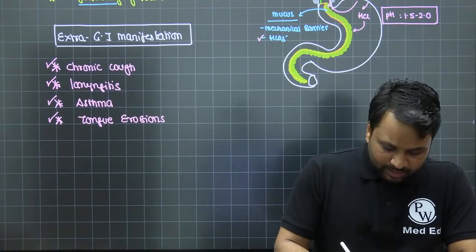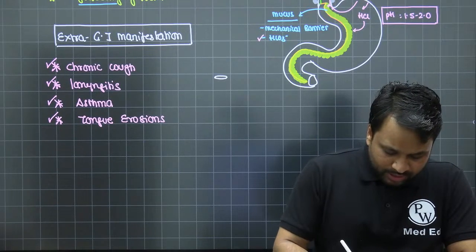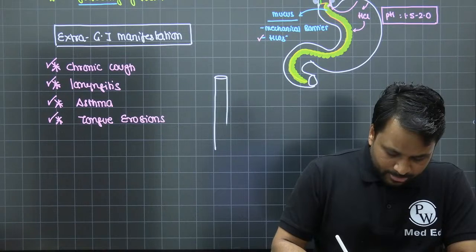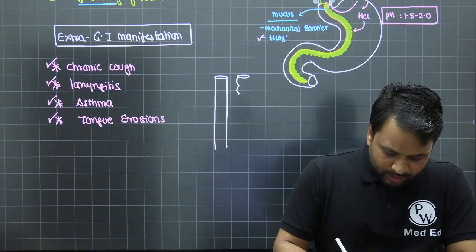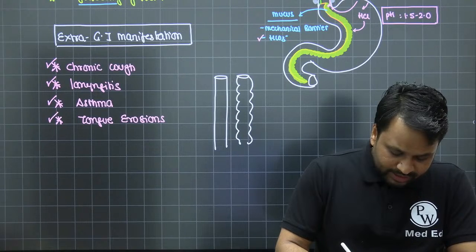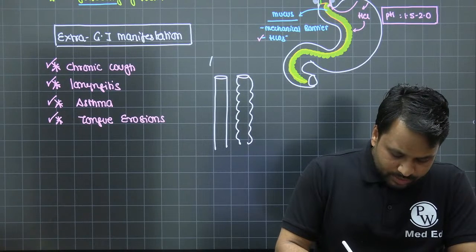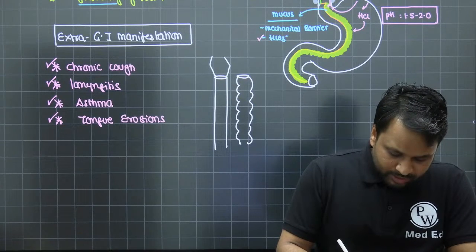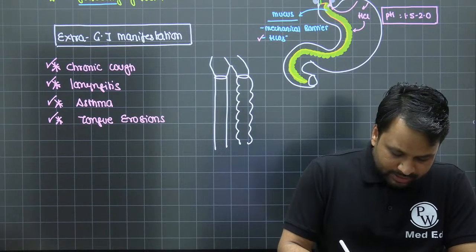Just for a recap, in the anterior component you have the trachea, which is present here. On the posterior component you have the esophagus, which is here, then you have the laryngeal component present here, then the common pathway here, and this is your oropharynx.